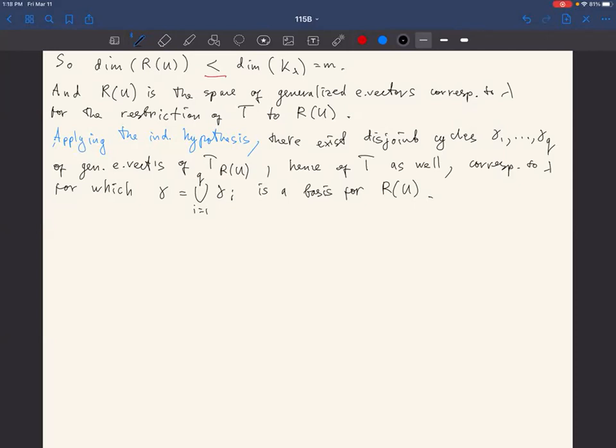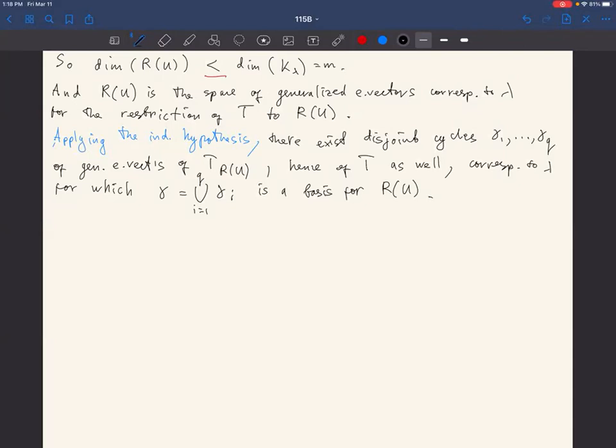We found a basis consisting of a disjoint union of cycles of generalized eigenvectors. Okay. So we have this for this subspace, and now the task is to somehow extend it to T itself, to the whole space.